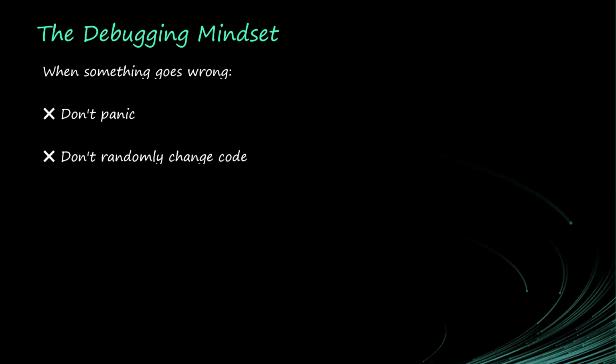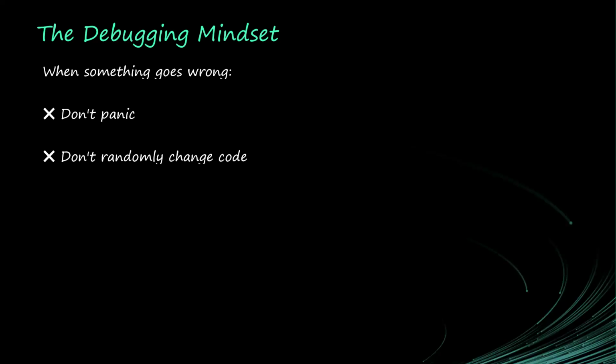So, the debugging mindset. Like I have already told you, bugs are something that will always happen, so you need to wear the debugging mindset. First of all, when something goes wrong, do not panic, because if you panic, you might lose concentration.